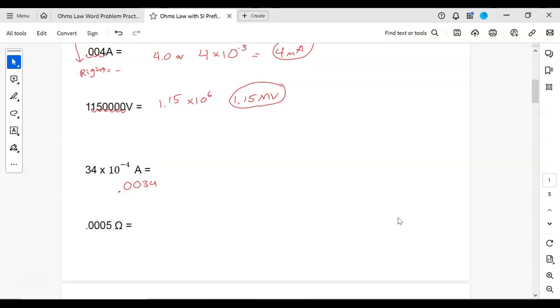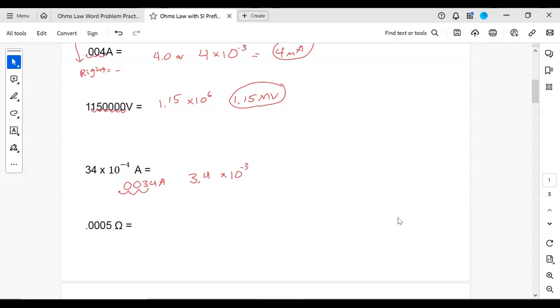Okay, now that is something that I would not want to write out, because 0.0034 amps is not something that's meaningful to me. I need to use a prefix. So what I can do is just check and see. If I go back and try this again now that I've written it out, I go 1, 2, 3 to the right. So that's going to be 3.4. And then because I went to the right, I'm going times 10 to the negative 3.